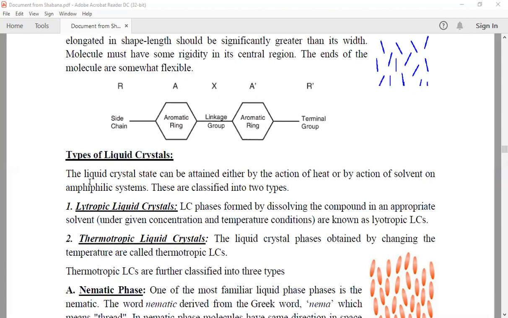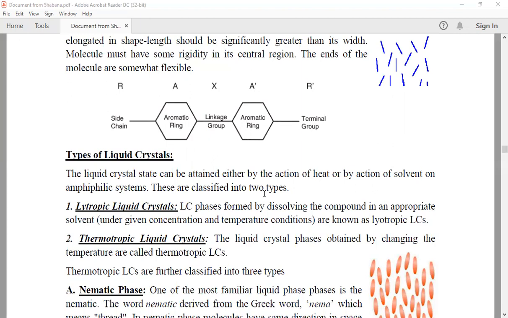It is known as the amphiphilic system. And this liquid crystal can be classified into three types. Mainly two types. Another type is also there, which I'll explain.